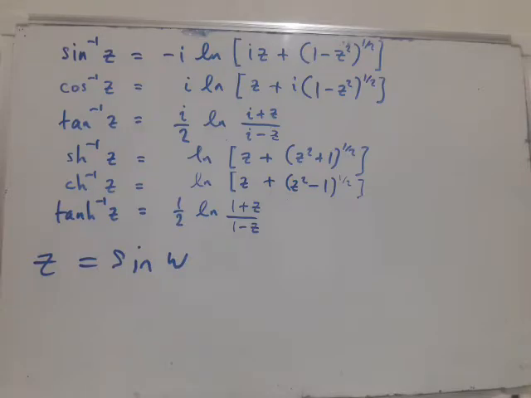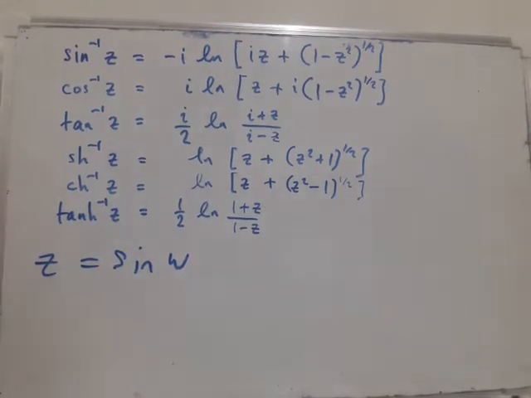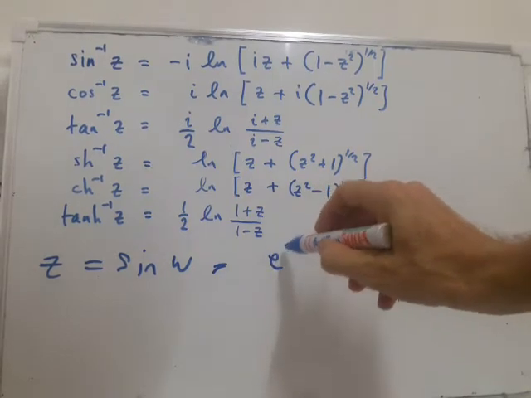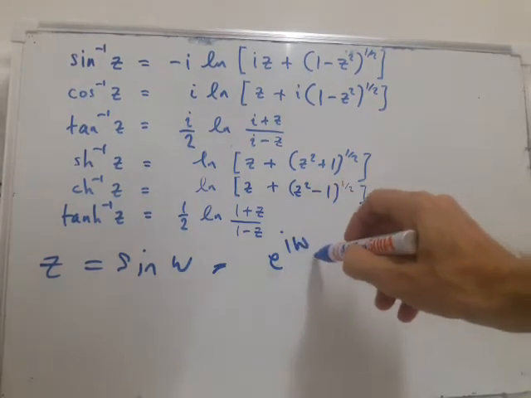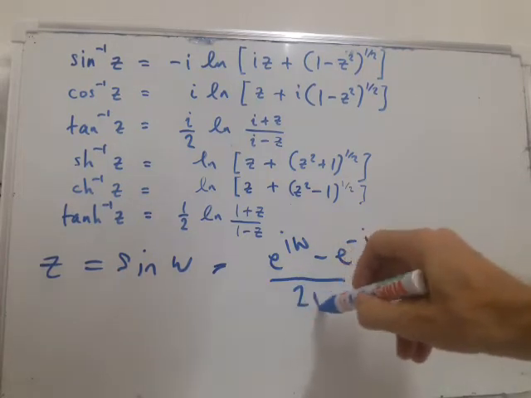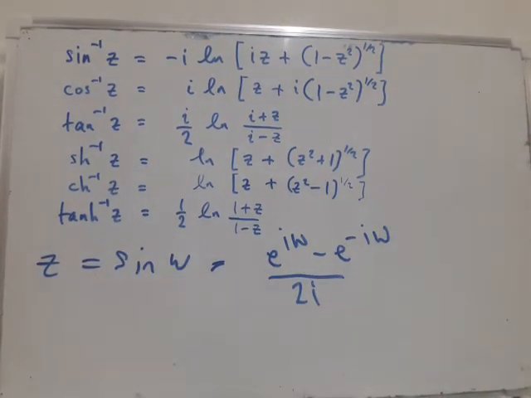Okay, so sine of w, we know how to write that using exponentials from the definition. We have e to the iw minus e to the minus iw over 2i. And we just need to solve that equation to get w.